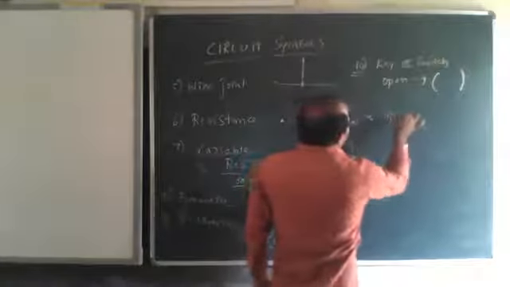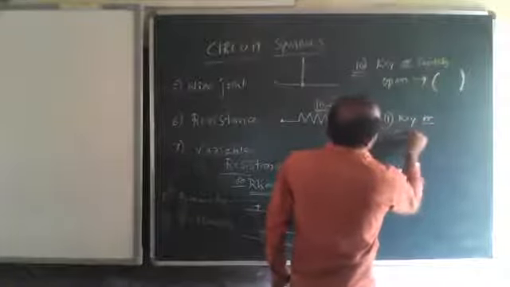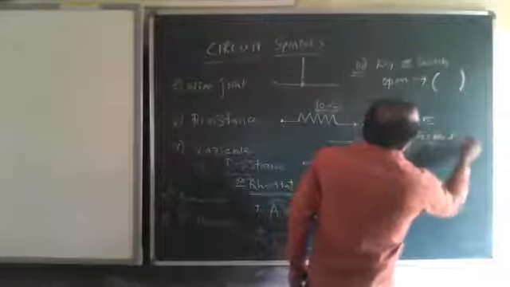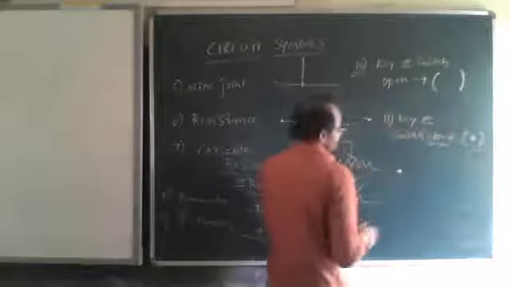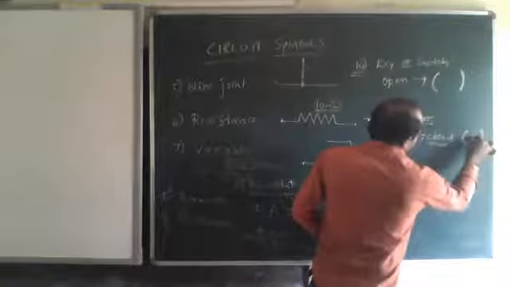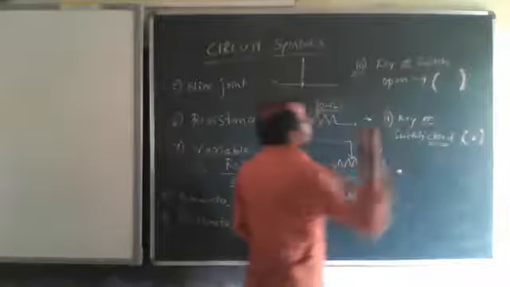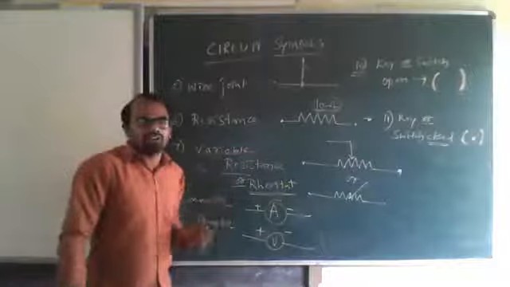And if the key or switch is closed, we will represent it like this. This is key or switch closed. This is key or switch open, like this. Key or switch closed will be like this.